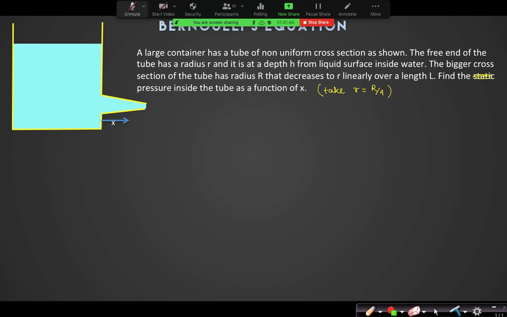Sir, this is R, varying linearly over a length L. Yes, it is the length of the tube.